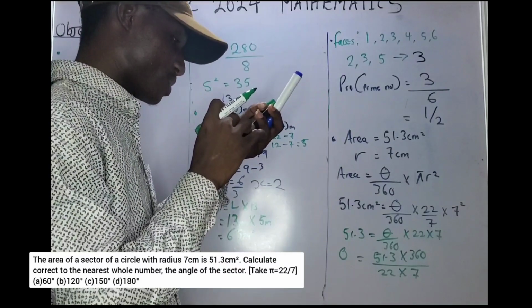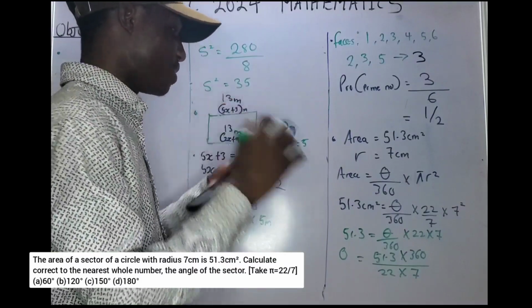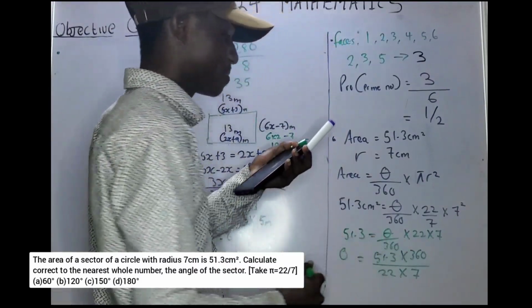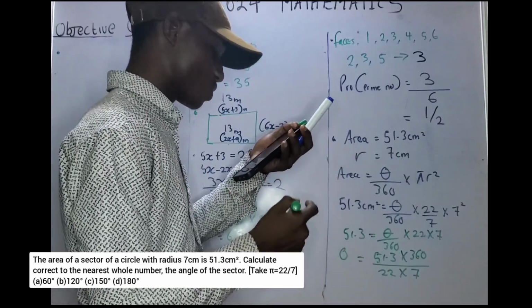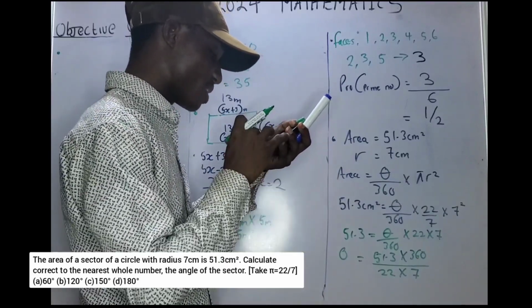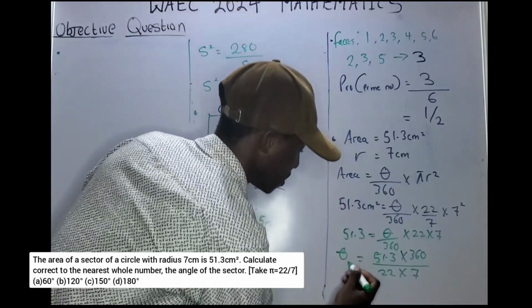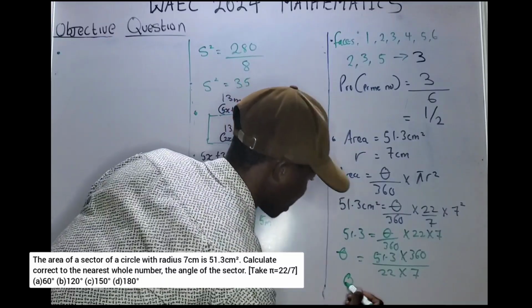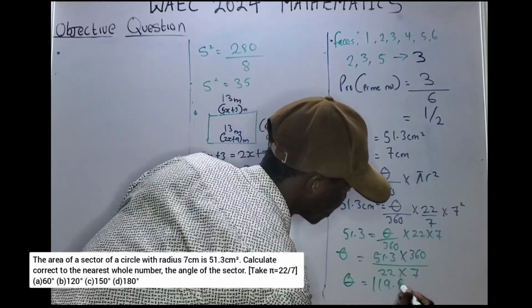Now, if you divide 51.3 times 360 by 22 times 7, that will be 119.92. So theta is equal to 119.92.